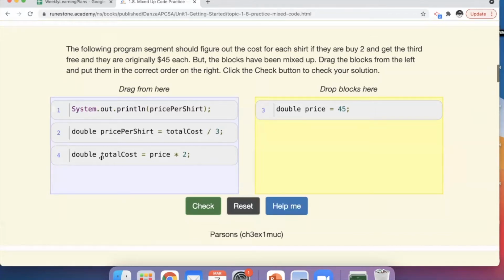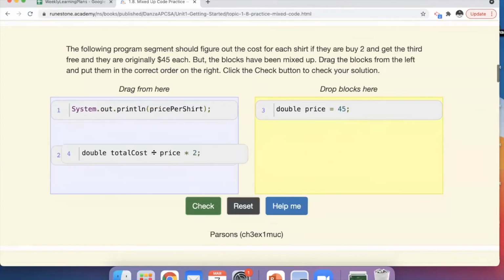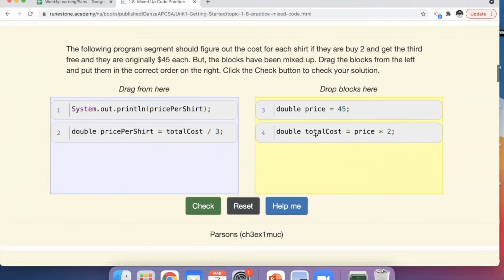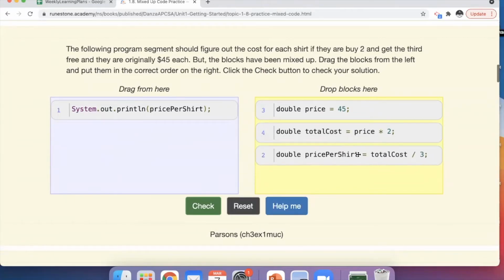But if we're using total cost, we probably first have to be aware of the price here, right? And if we're using price per shirt, we have to declare the variable before we use it, right? So we declared price, we then used price, we declared total cost, and then used the total cost.